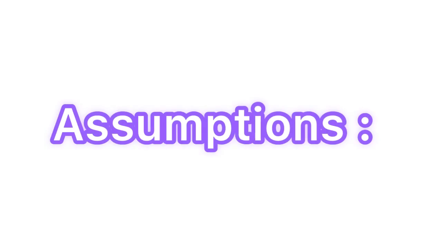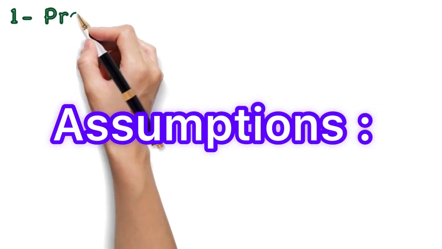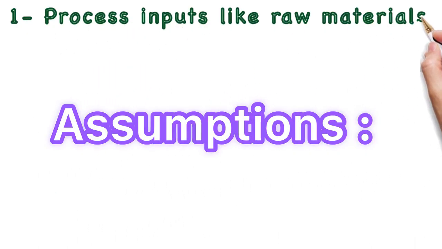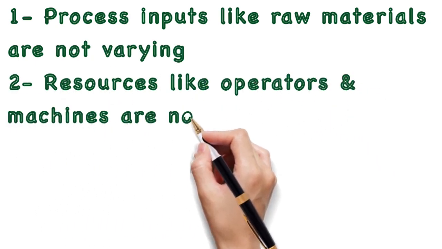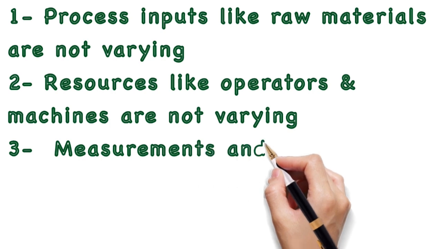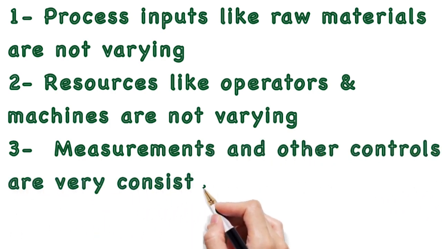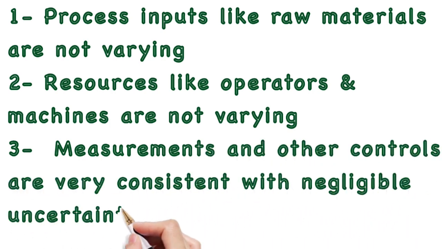And this actually requires some assumptions: that process inputs like raw material are not varying, that resources like operators and machines are not varying, and that measurements and other controls are very consistent with no or minimum uncertainties.